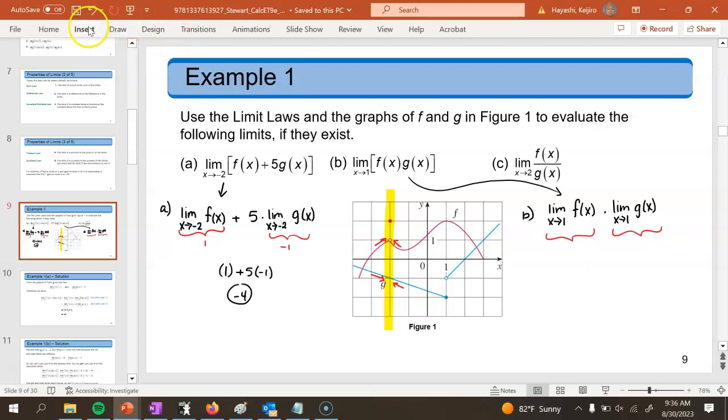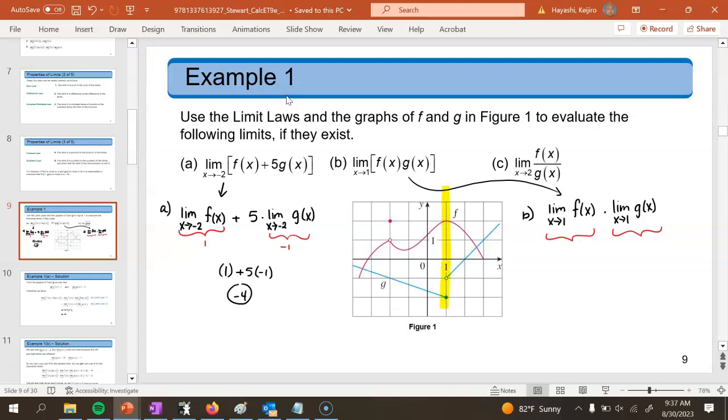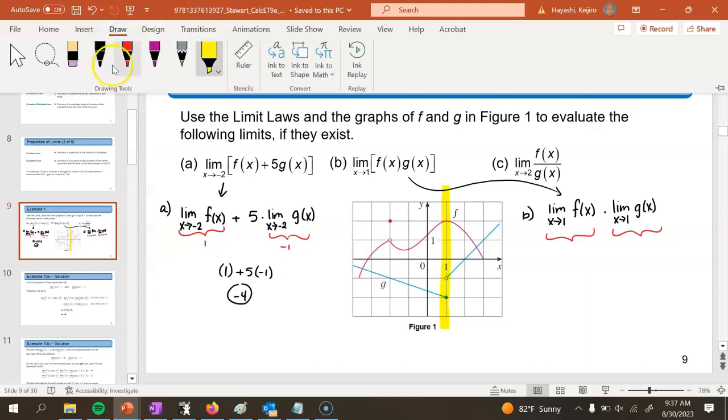So we're no longer interested in what's happening around -2. We're interested in what's happening around x equals 1. Okay. So what value does f appear to be approaching as x gets really close to x equals 1? 2, yeah.